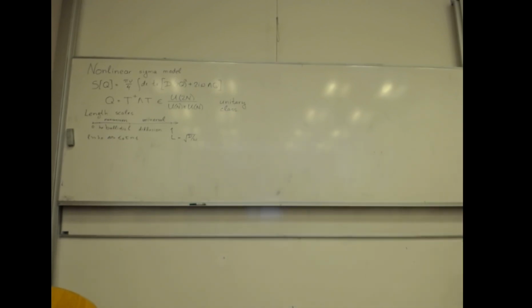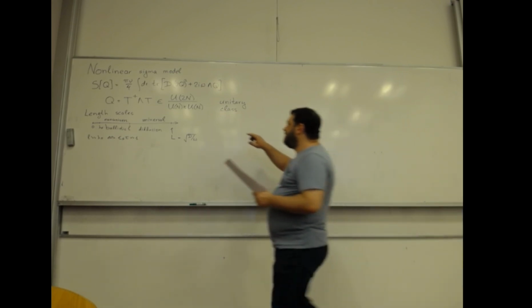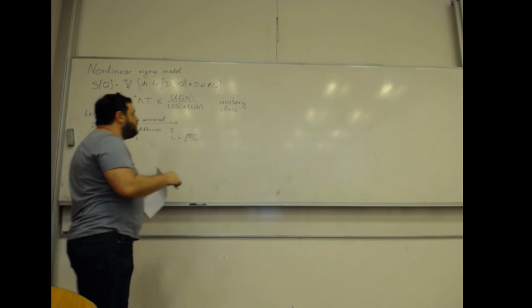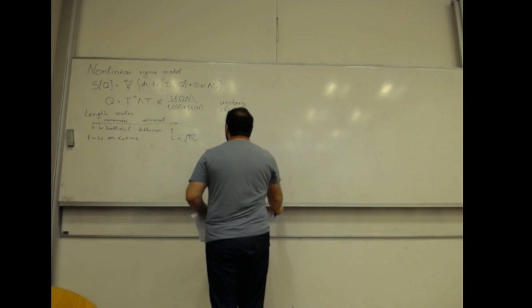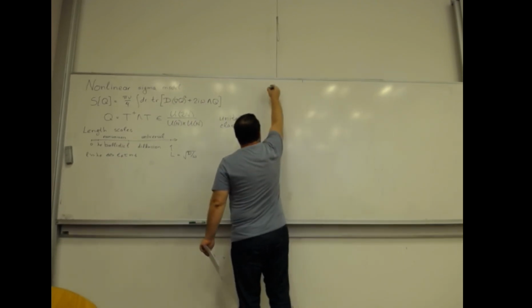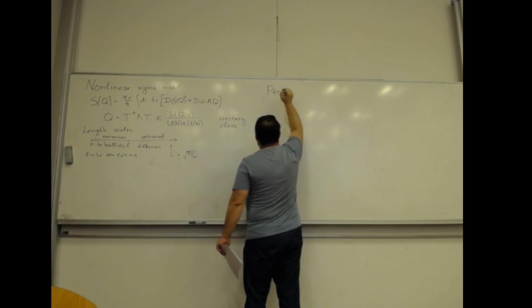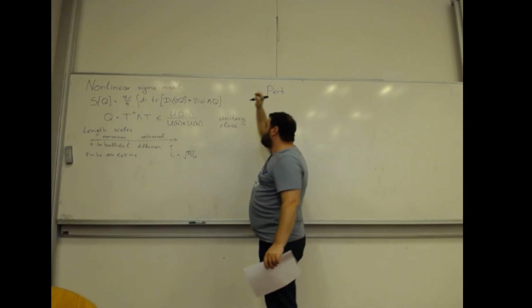Okay, and in the last lecture, we started to consider this model perturbatively. We started to do perturbation theory, but I forgot to tell you what the parameter of this perturbation theory was.